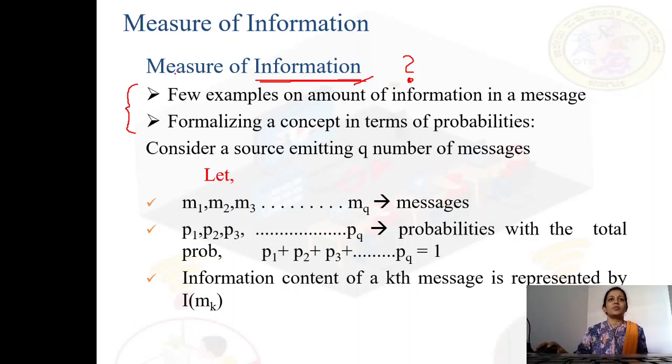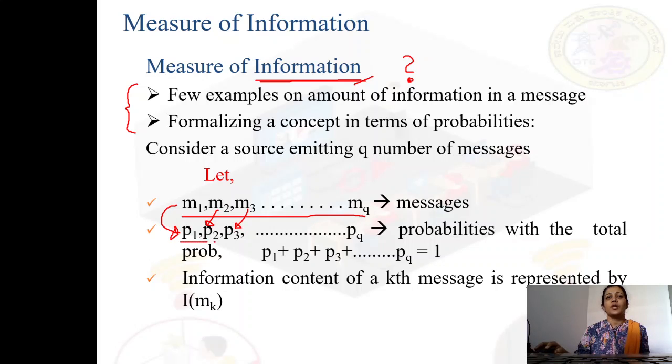Okay. In order to measure the information rate, let us consider some basic representations. Let M1 to MQ represent messages, that is message M1, message M2, message M3, and so on. A source is capable of generating Q different messages. When it generates message M1, that message will be generated with a probability of P1. Similarly, message M2 will be generated with a probability of P2, message M3 with a probability of P3, and so on.